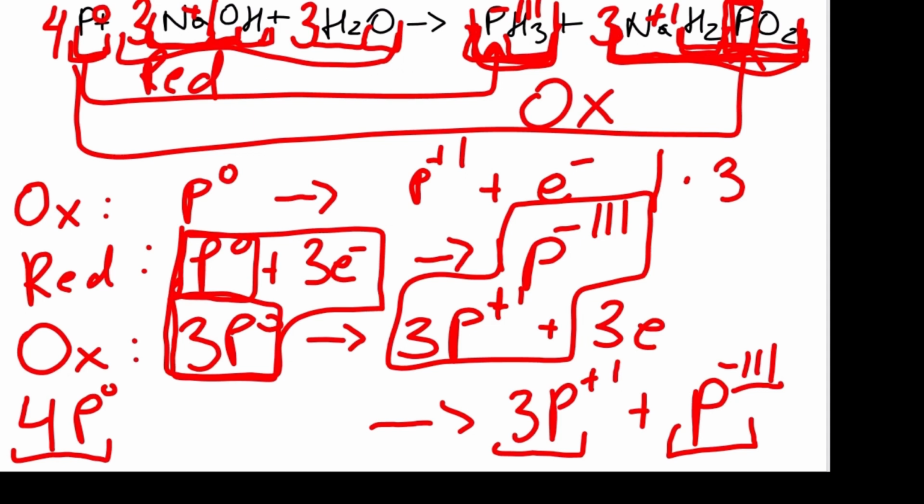To be sure, let's just check the oxygen atoms. On the left side we have 3 oxygen atoms in 3 sodium hydroxide particles and 3 oxygen atoms in 3 particles of water. So in total we have 6 oxygen atoms. On the right side, we also need to have 6 oxygen atoms. Do we have it?